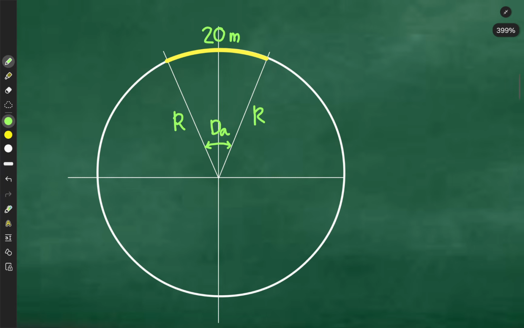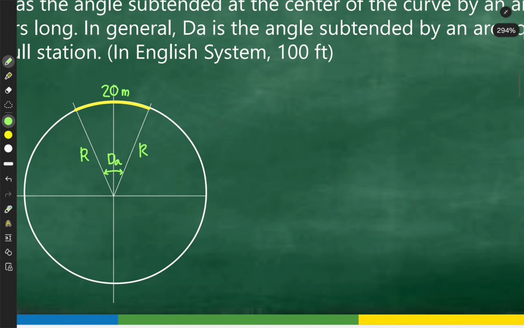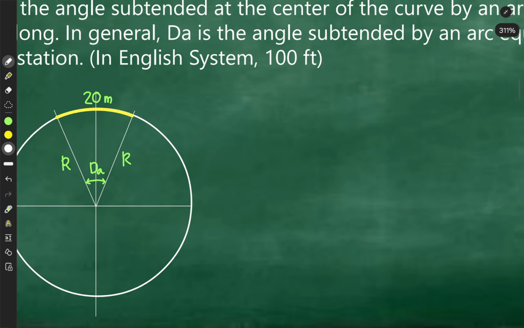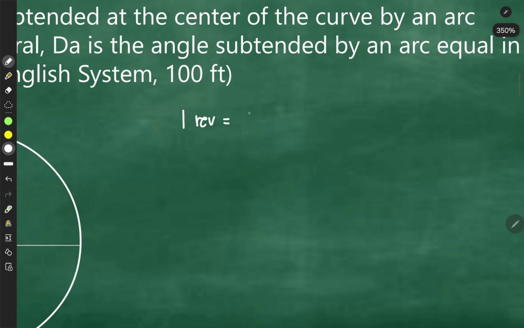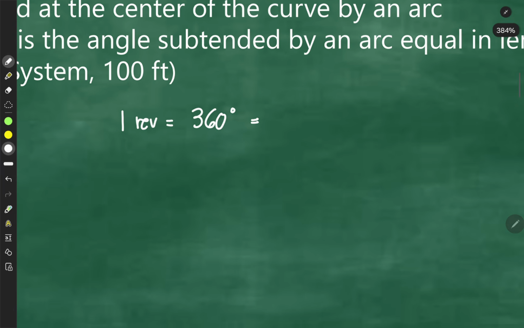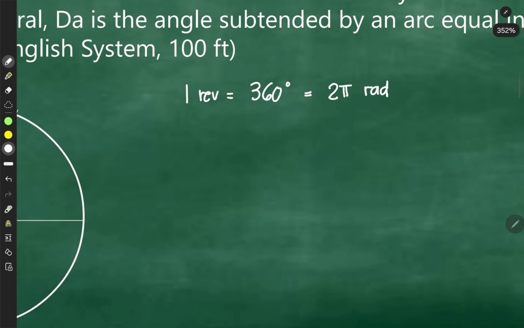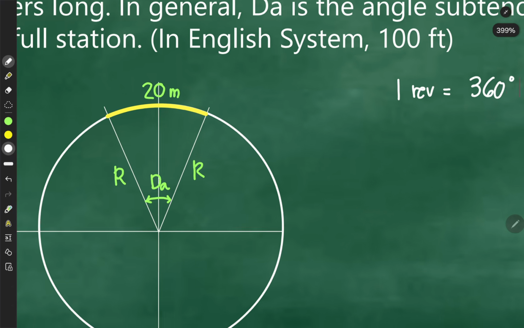So, ibig sabihin, isulat ko lang dito, in one revolution we have equivalent to 360 degrees, or this is also equivalent to 2 pi radians. Okay? So, gamitin natin ngayon.